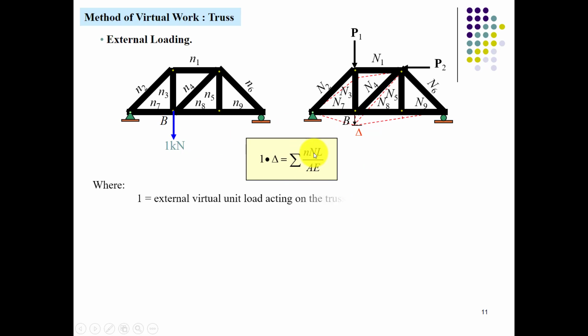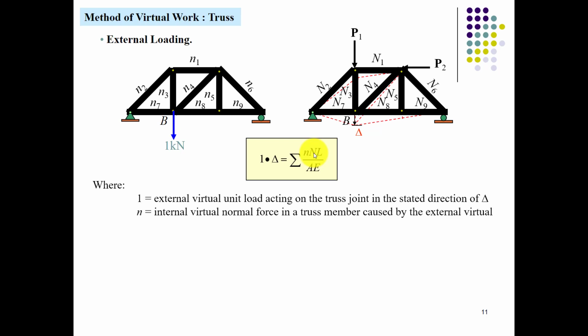So you have one, which is an external virtually applied load at the point B. It would cause some deflection delta, which would be calculated by this formula, and n is a virtual normal force in a truss element, or a response of a truss element by virtue of externally applied virtual loading.